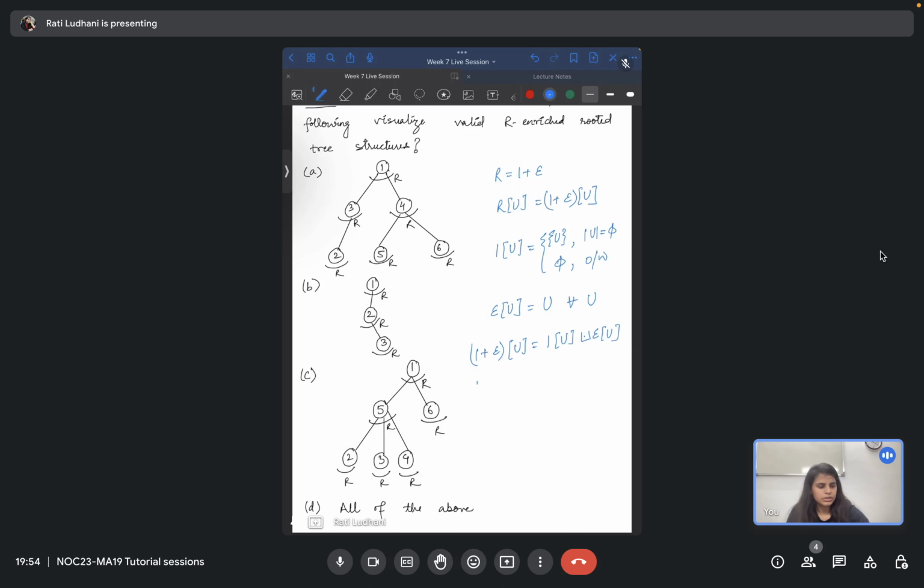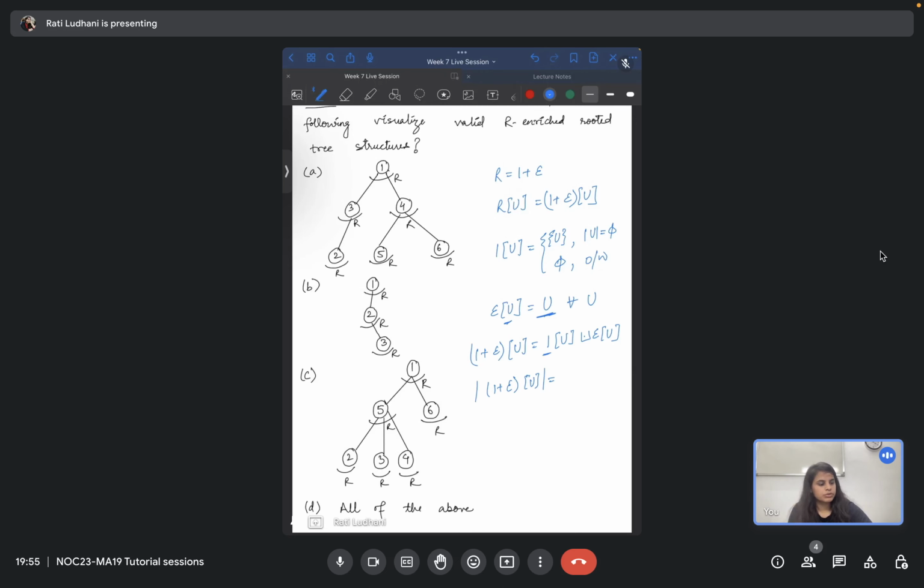So now again you can try to get the cardinality, or you can think of it in any other way. You just have to check if there is anything where it does not have R structure, and if that could be a count of the number of children. So here, for example, when you take 1, this is U. If you consider U to be 5, then only you will get 0.